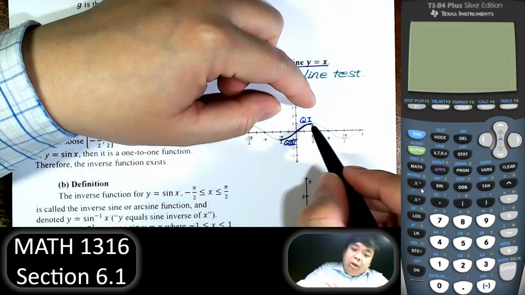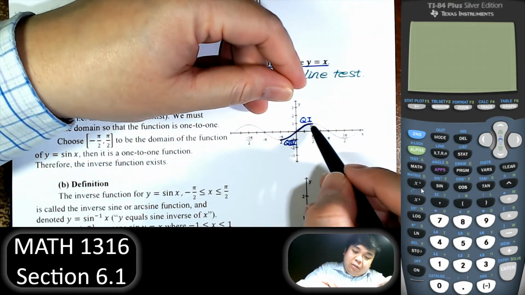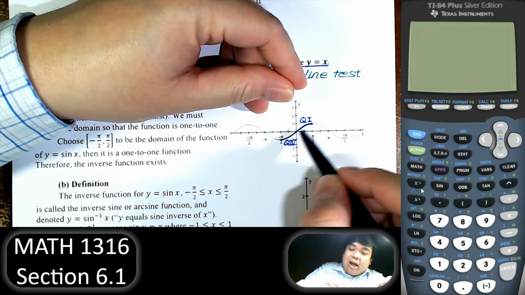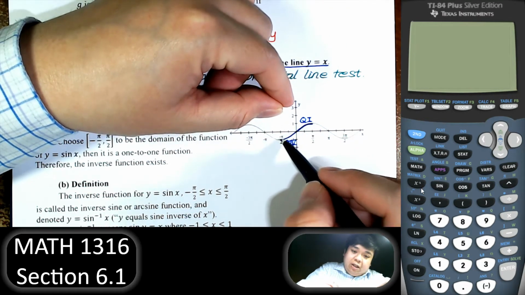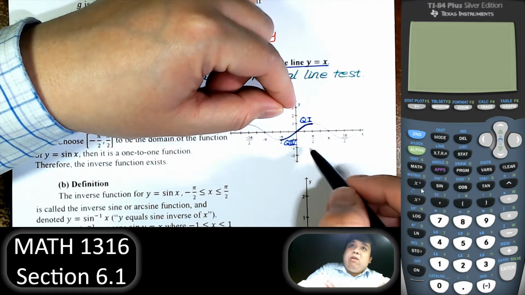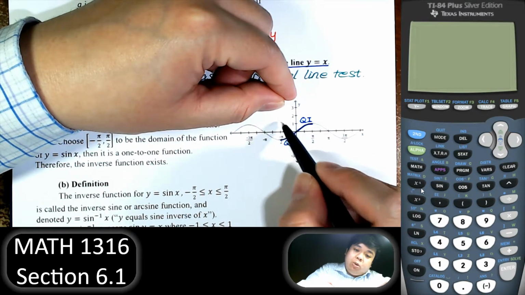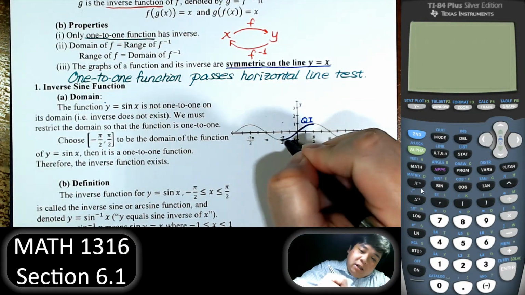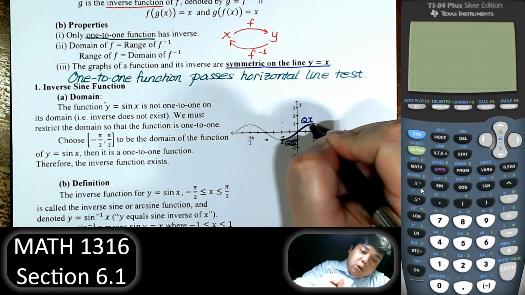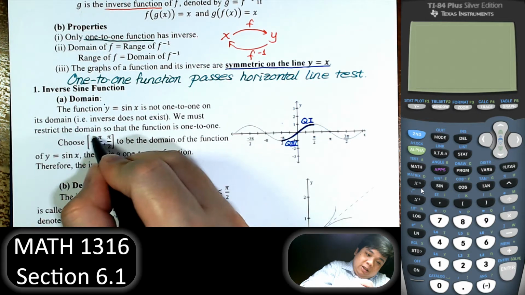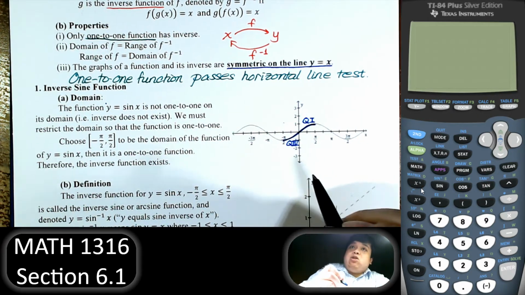If I limit the x values like that, this part of the graph covers all the y values. All the different y values can only be taken from this point to that point. So if I limit the function only to this domain, then the function is 1 to 1.